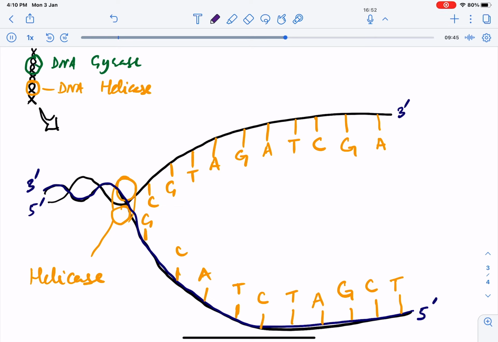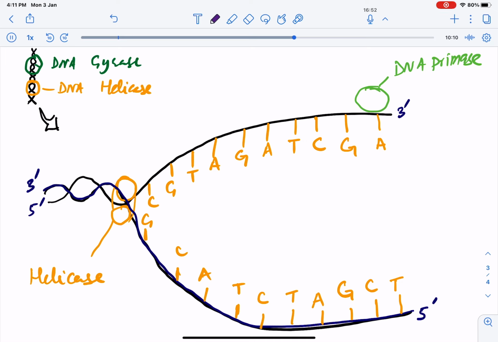An enzyme known as DNA primase attaches with this one strand. So this is DNA primase.